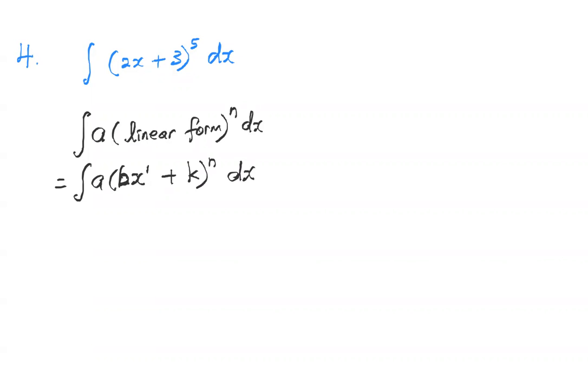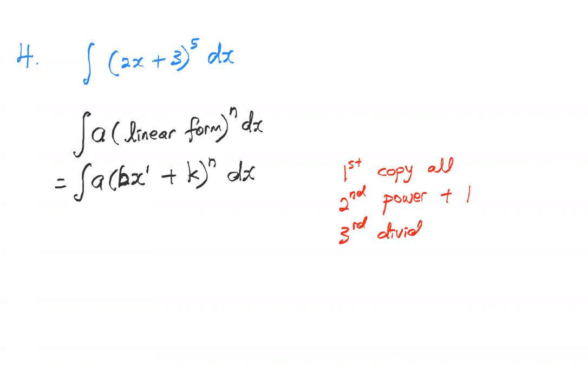Okay, so for this one, what you need to do is, first step, you have to copy the whole thing, copy all. Second step, power plus 1. Third step, you have to divide by two numbers.